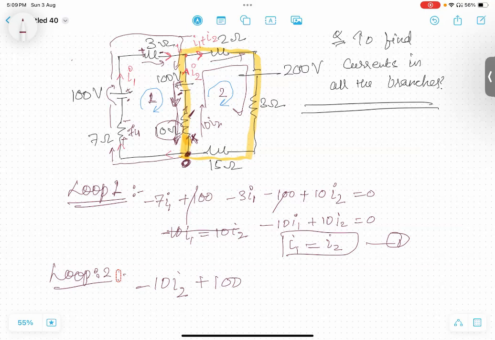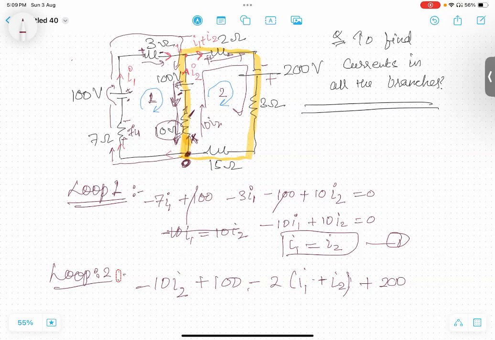Across this resistor 2 ohm, I am going in this direction and the current is also going in this direction. So the current must be going from higher to lower potential. So we are losing the drop of 2(I1 plus I2), right? I1 plus I2. When we cross this battery, we are going from minus to plus, so there will be a rise of plus 200 volt.